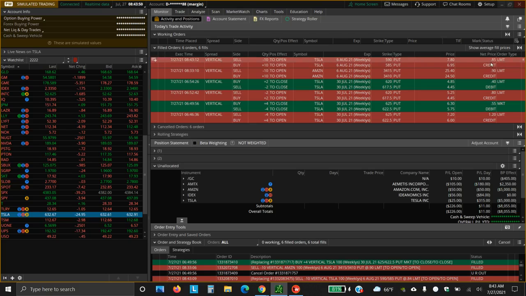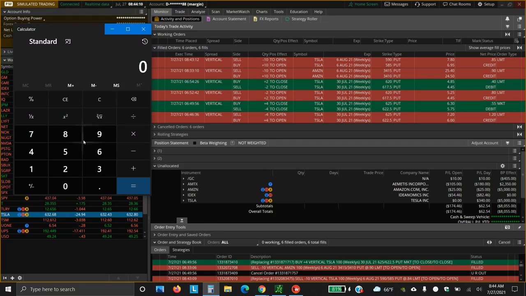We got $85 per contract times, so we got $850 credit back into our account, and the total risk is 5,000, then minus the credit we got, 850.